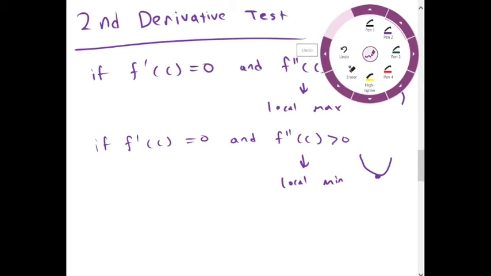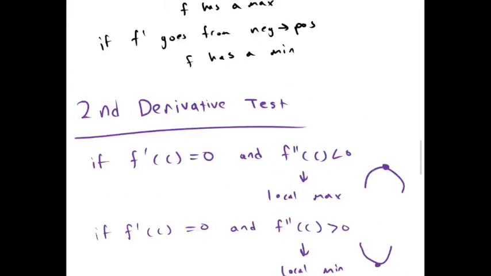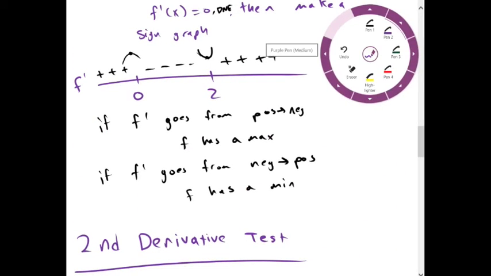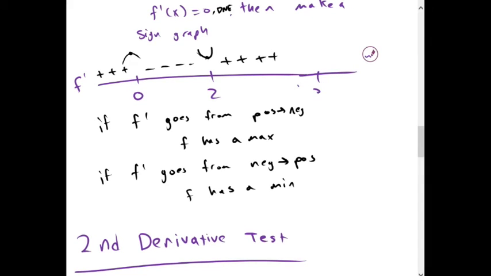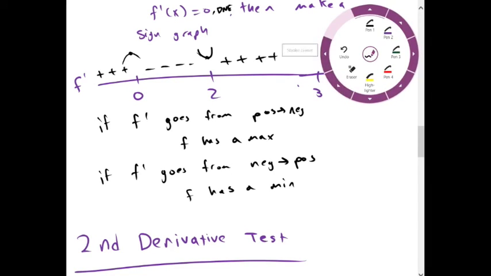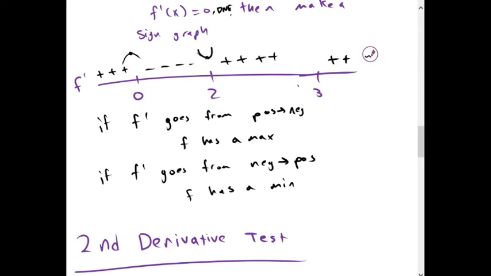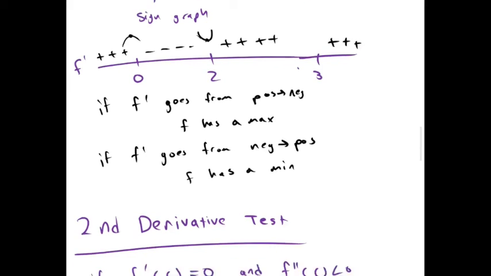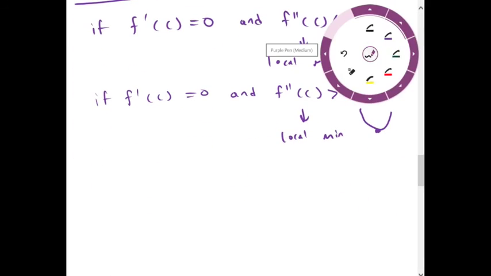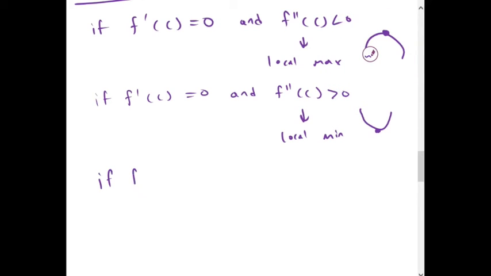And just one more thing. If the sign on the first derivative test doesn't change, let's say we have another point, 3, and we go from positive to positive, and this also applies for negative to negative, we have neither a max nor a min. And likewise for the second derivative test, if f prime of c equals 0 and f double prime of c also equals 0, we have something that's inconclusive.